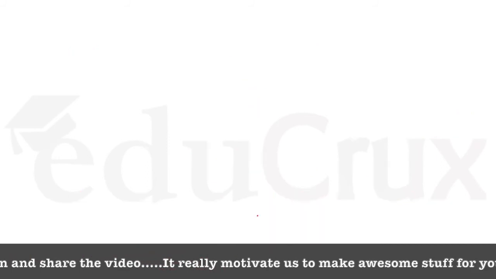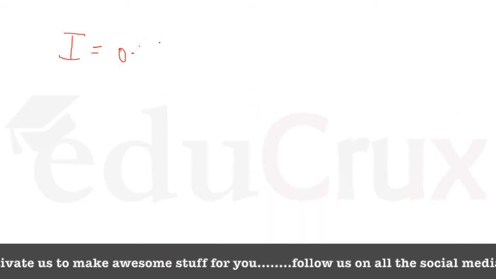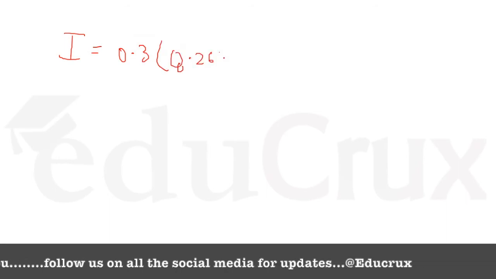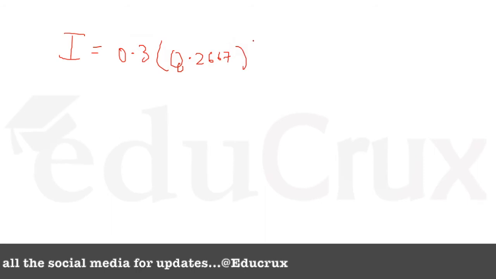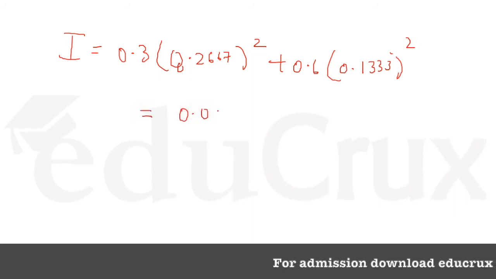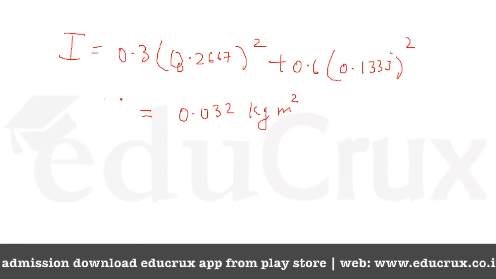So our final moment of inertia, when you solve this complete equation, is 0.3 into 0.2667 whole square plus 0.6 into 0.1333 whole square. So this comes as 0.032 kg meter square. So this is our moment of inertia.